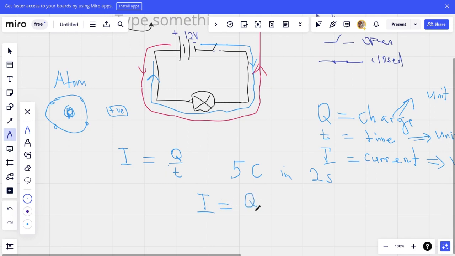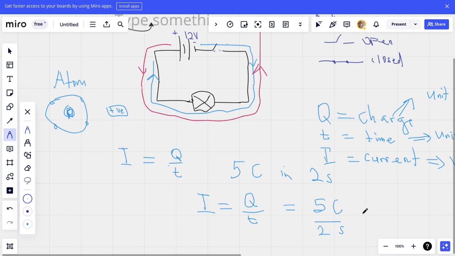The amount of charge divided by the time it has taken to move around, which is 5 coulomb divided by 2 seconds. So if you put the basic unit, even if you don't know the real unit, you can use this primary unit.